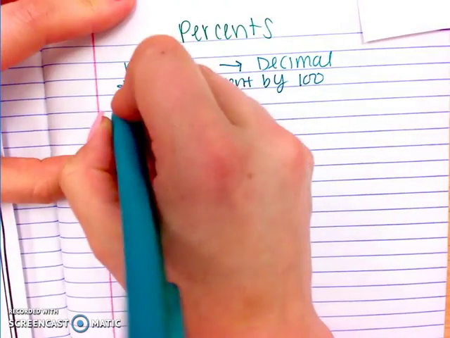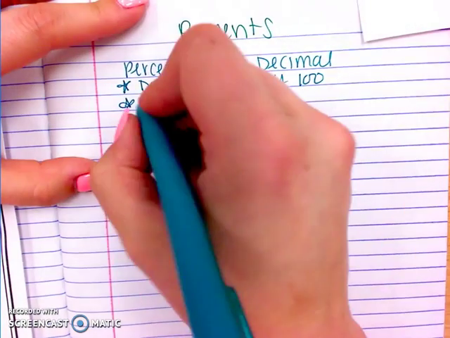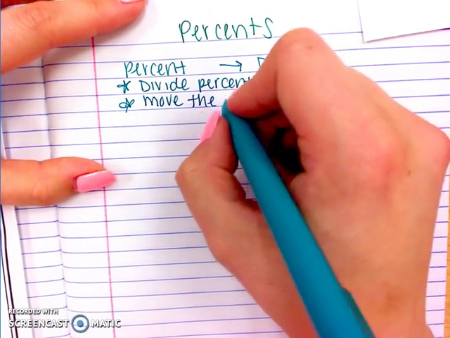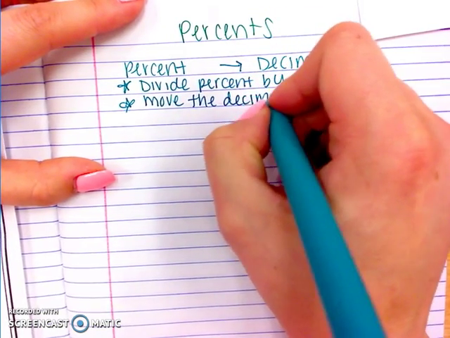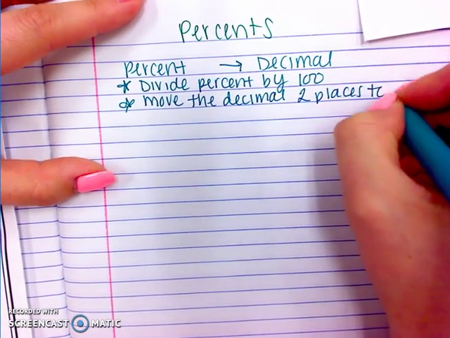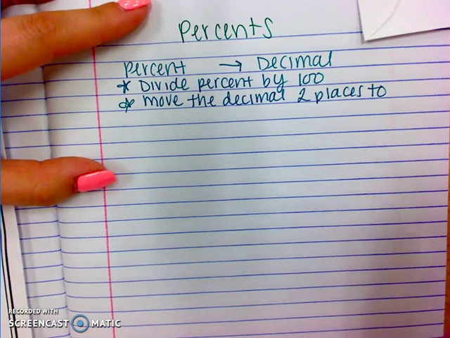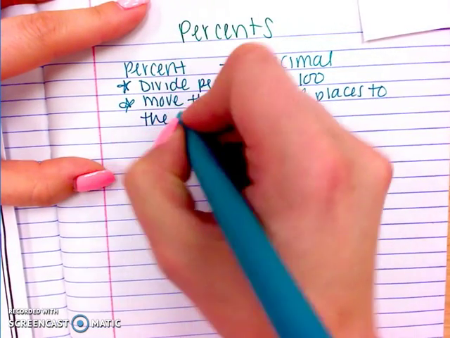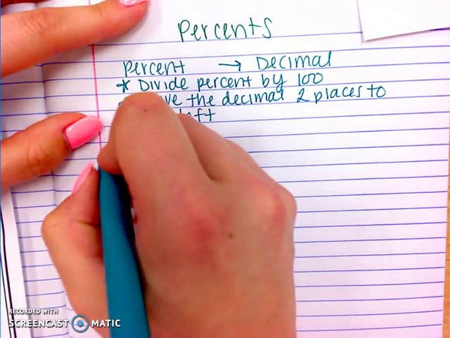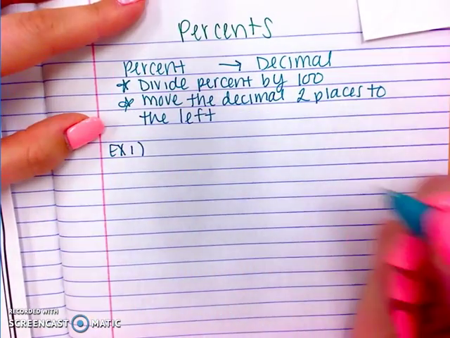Okay, and the cheat sheet way to do it is to move the decimal 2 places to the left. So, example 1.